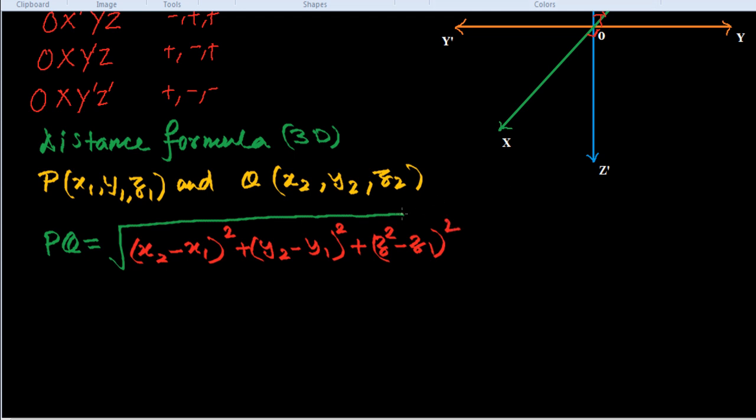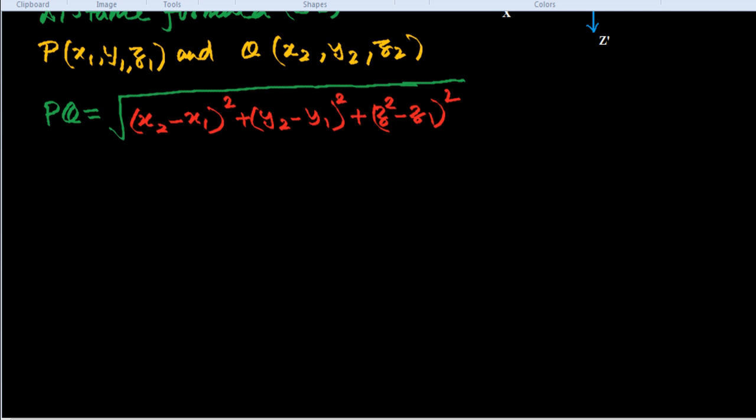We get this distance formula: the square root of x2 minus x1 whole square plus y2 minus y1 whole square plus z2 minus z1 whole square. Now we see the section formula here.